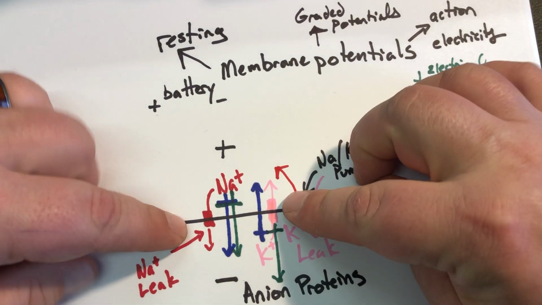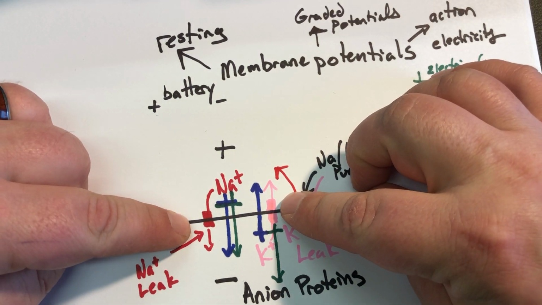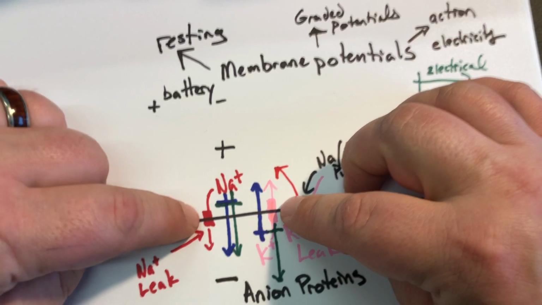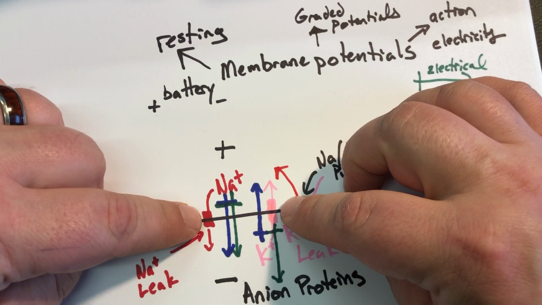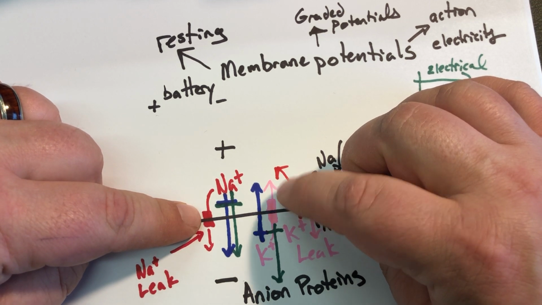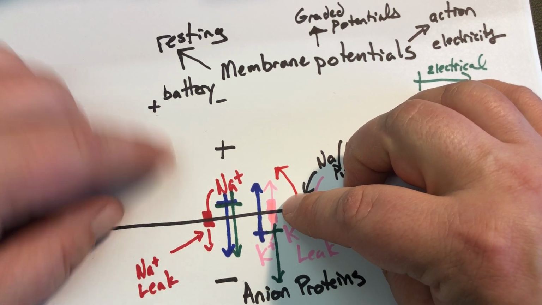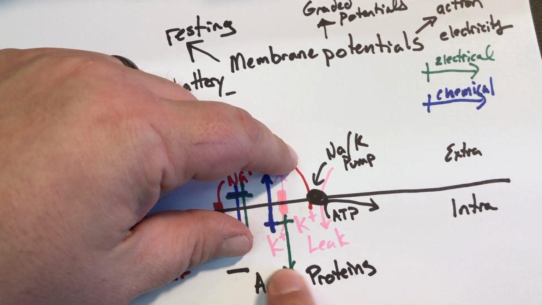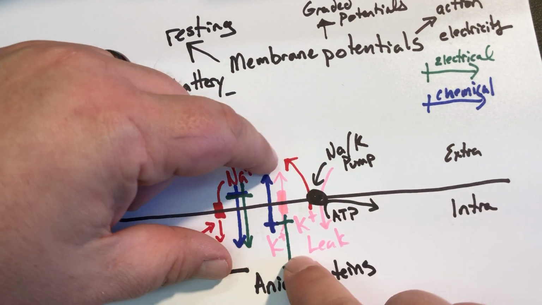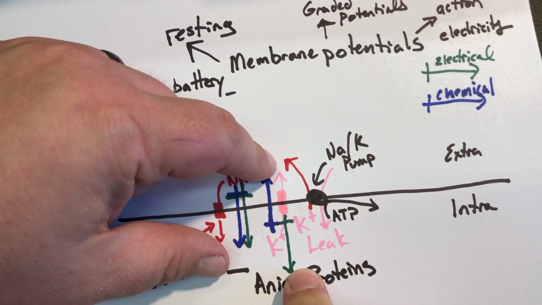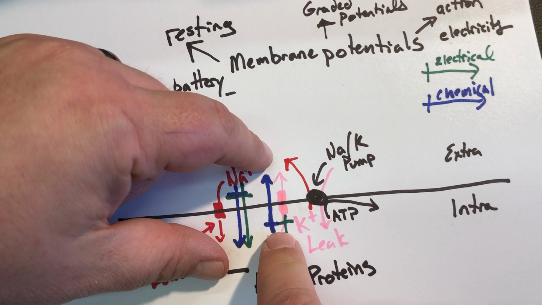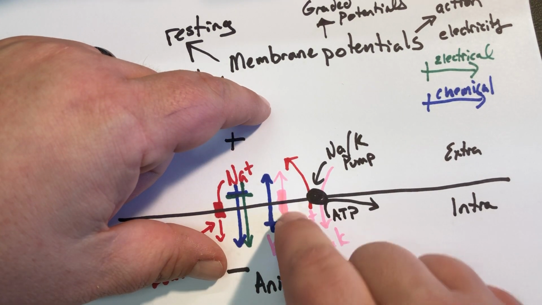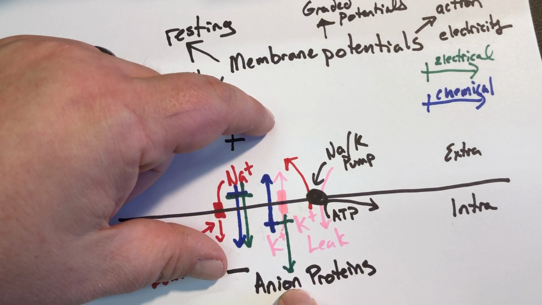Now, just real quick, these leak channels aren't created equal. The sodium leak channel is much slower than the potassium leak channel. So we end up at resting potential at the point where potassium hits its electrochemical opposites. Essentially, there's a chemical gradient forcing potassium out of the cell, but there's an electrical gradient pulling it back towards the center of the cell.